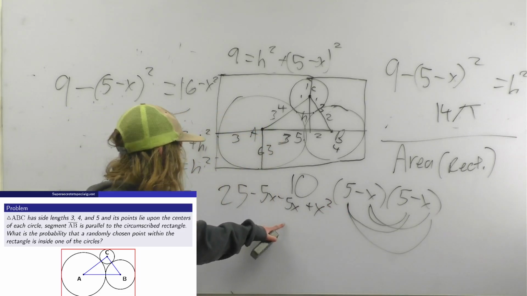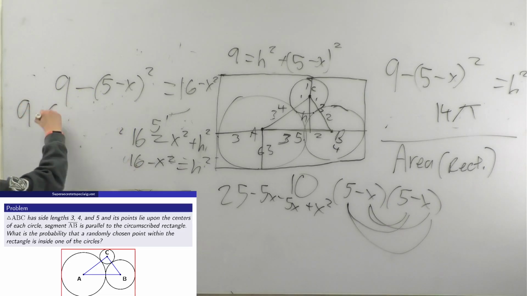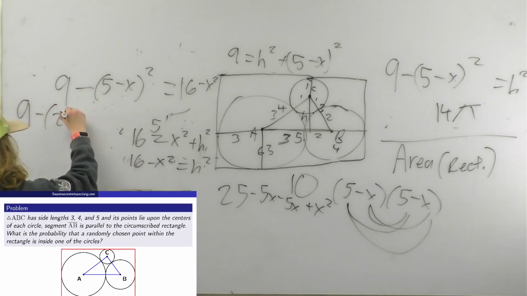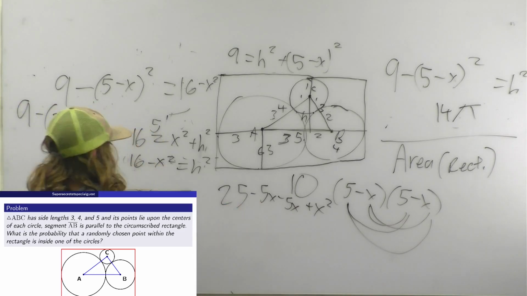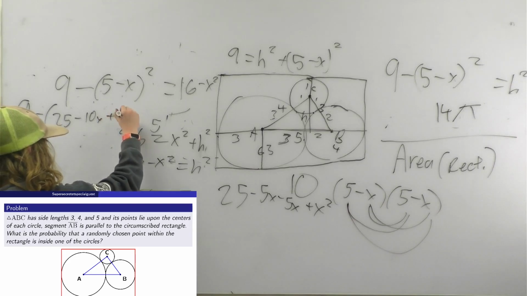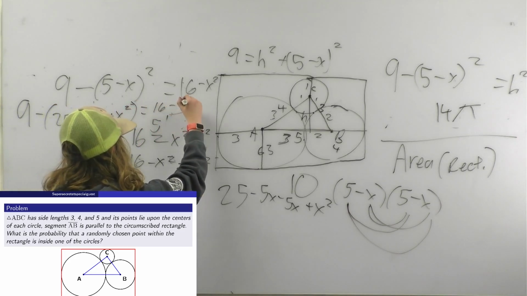Now we have this. So 9 minus 25 minus 10x, because there's two 5x's here, plus x squared equals 16 minus x squared.